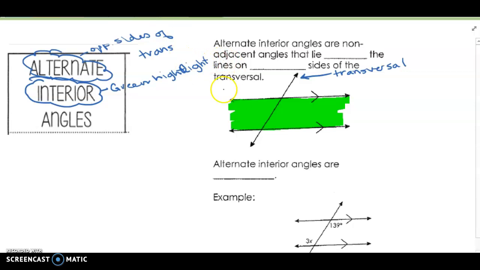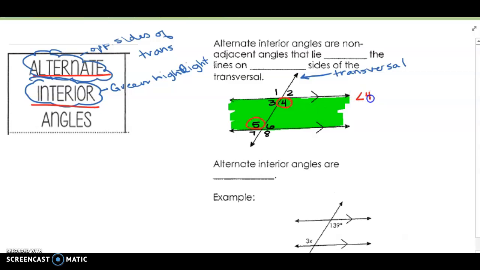All right, I'm going to label the angles. So 1, 2, 3, 4, 5, 6, 7, 8. Okay, so here's my angles. So I want a set of angles that are on opposite sides of the transversal, that's what alternate means, and on the inside. Okay, well, if 4 is here, it's on the inside. We want the inside that's opposite side of the transversal, which would be angle 5.